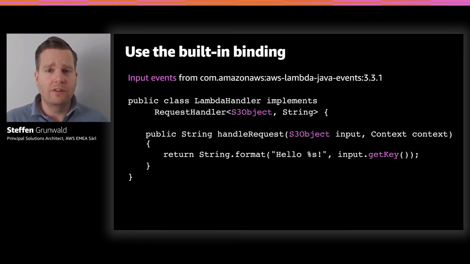Lambda takes your JSON code automatically and unmarshals a Java bean from that of your choice. So you don't have to do that in your code. And you don't even need to define that Java bean yourself, since common integrations like S3 and API Gateway events are already provided as pre-canned beans in the AWS Lambda Java events library, which is also available on Maven Central.